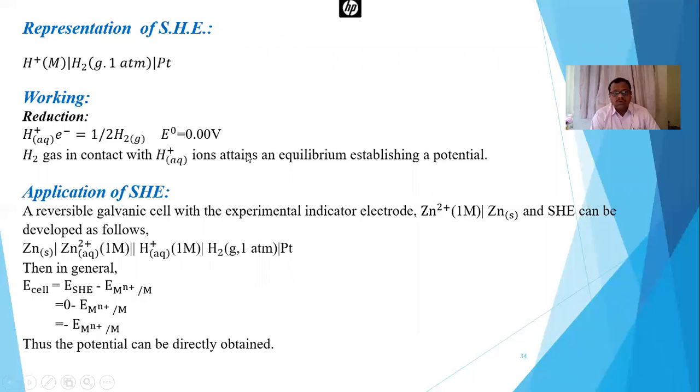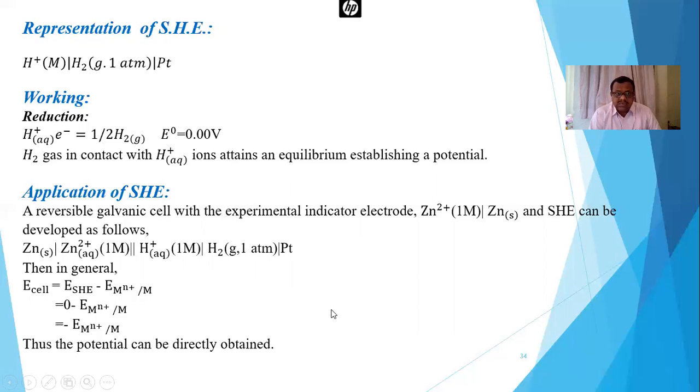As you all know, this hydrogen gas is in contact with H plus ions, and when equilibrium is attained in this reaction, the potential developed is zero potential.